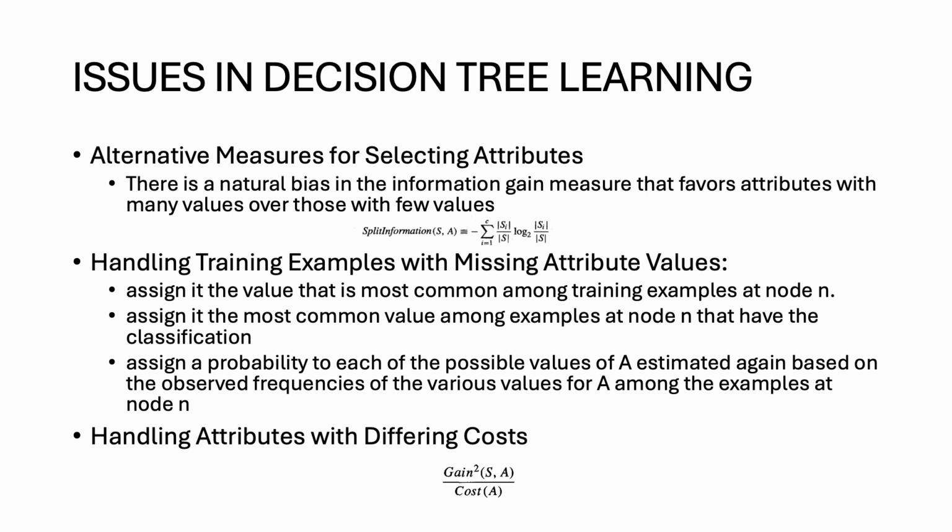Another way is to assign a probability to each of the possible values of A, estimated again based on the observed frequency of the various values for A among the examples at node n. Or it can handle attributes with different costs by adjusting the criteria for choosing the split by adding a cost variable, like the example below.